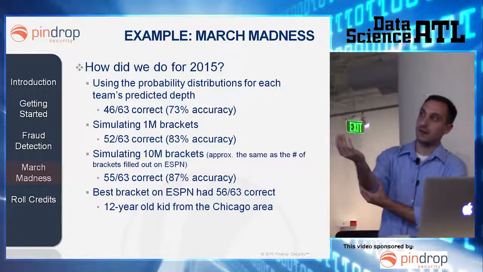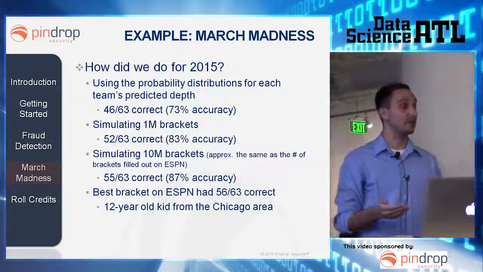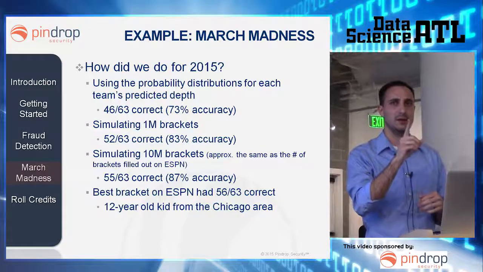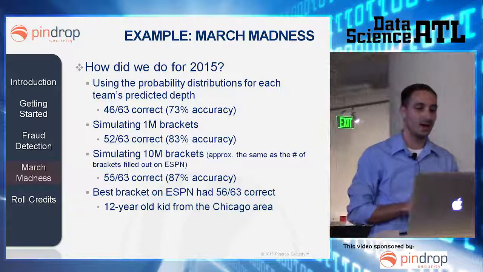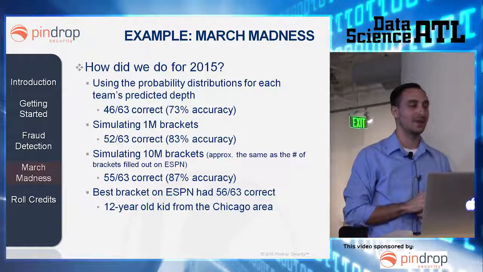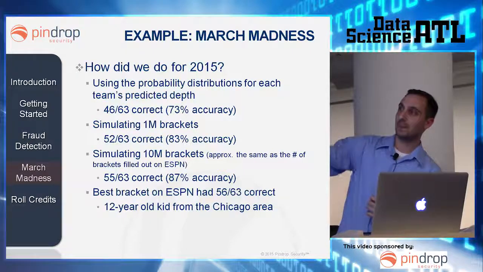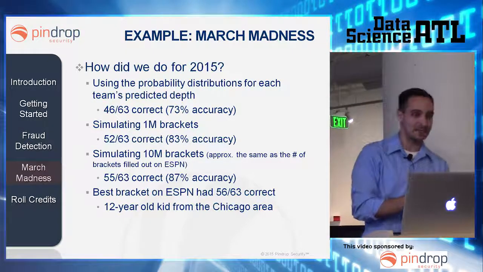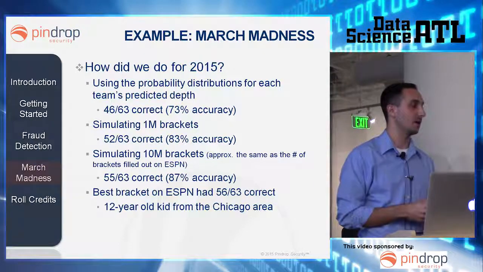Now, if you take 1 million brackets, simulate that, you get 52 correct out of 63. And remember, the 12-year-old, he missed 7. Sorry, 7. So we're approaching 12-year-old status here. And then simulating 10 million brackets, this is about what ESPN's bracket pool was.